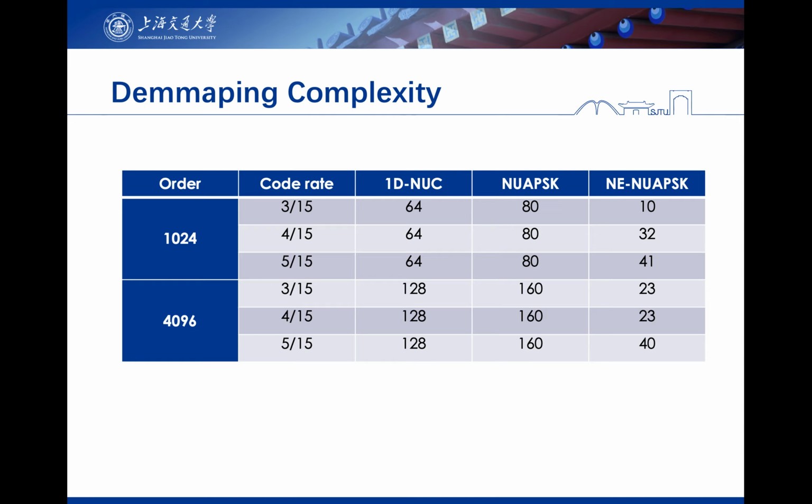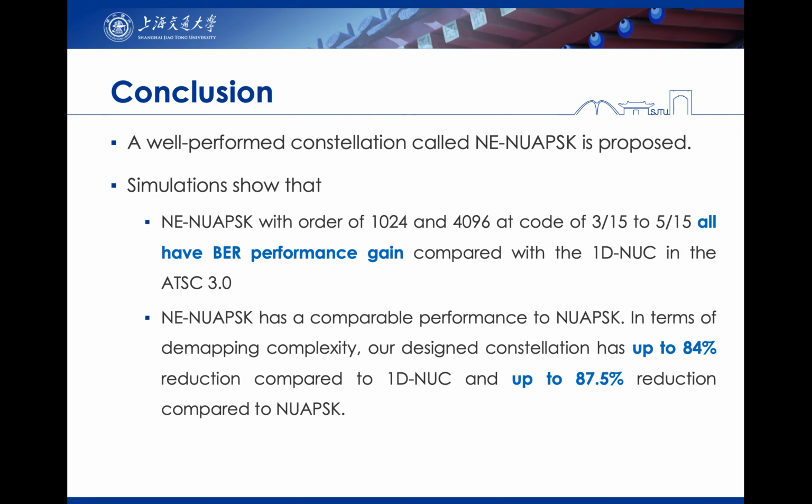Finally, the conclusion is that in this paper, a well-performed constellation called NU-APSK is proposed. Simulation shows that the designed constellations with order of 1,024 and 4,096 at code rates of 3/15 to 5/15 all have BER performance gain compared with the 1D NUC in ATSC 3.0 and have a comparable performance to NU-APSK.